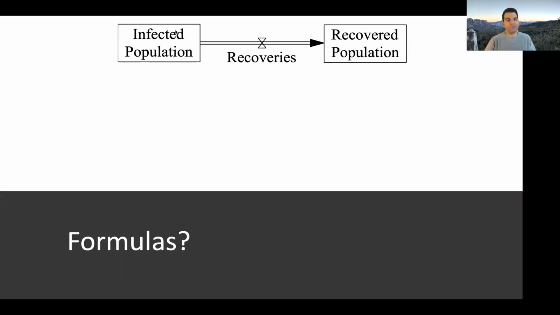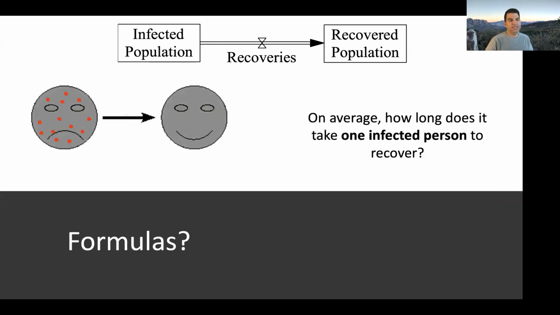All right, so if I need to figure out what formula to put in here under recoveries, then I basically think about, well, for an individual who is sick, how long does that individual stay sick? And then, after that, that individual's going to become well again and be recovered. So what I'm going to focus on here is, on average, how long does it take one person to recover from disease?